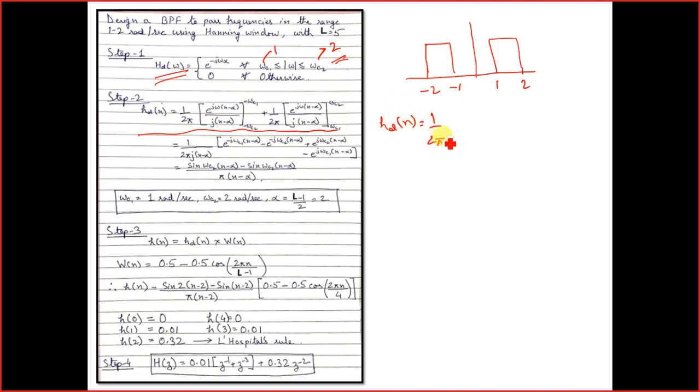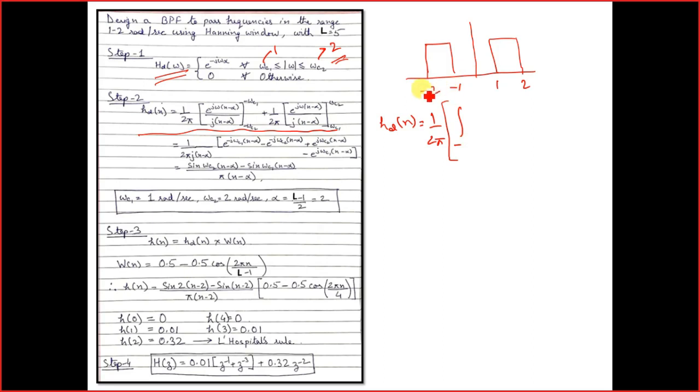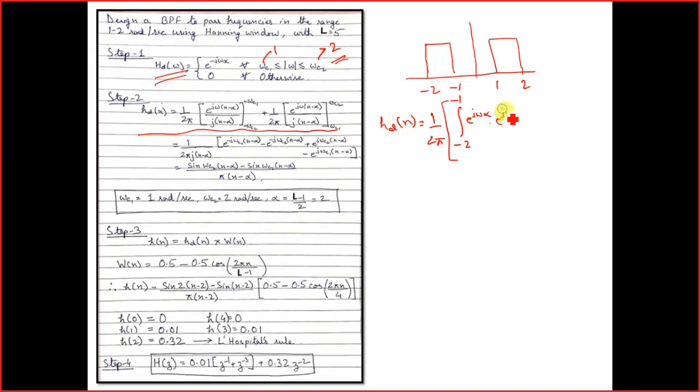Hd[n] is equal to 1 by 2 pi, integral from minus 2 to minus 1 of e to the power j omega alpha multiplied by e to the power j omega n d omega, this is negative, plus integral of 1 to 2 of e to the power minus j omega alpha multiplied by e to the power j omega n d omega.